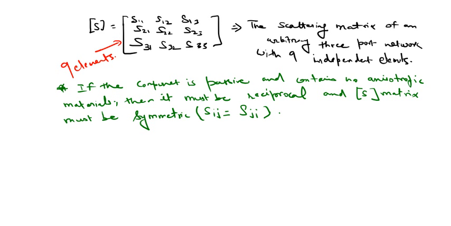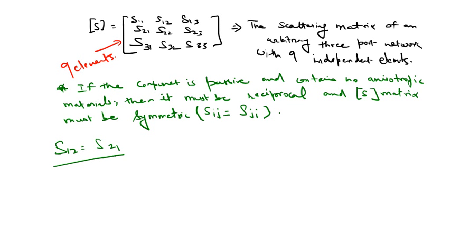Symmetric means if you interchange the rows and columns, it will be equal. So Sij equals Sji means you change the row to column, you get the same result. Means S12 should be equal to S21.